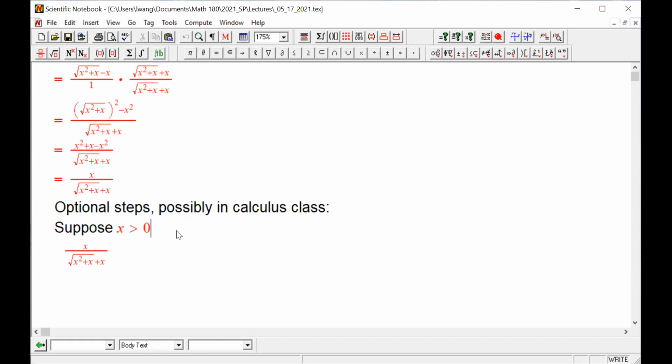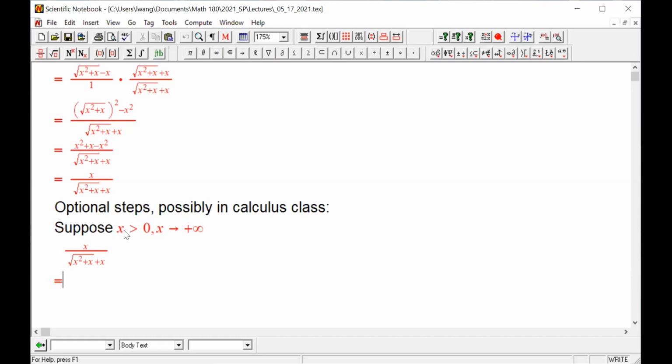So x is positive, and in particular, you might be told x is approaching positive infinity. That's one scenario. So what you might have to do next depends on the question you have in calculus class.